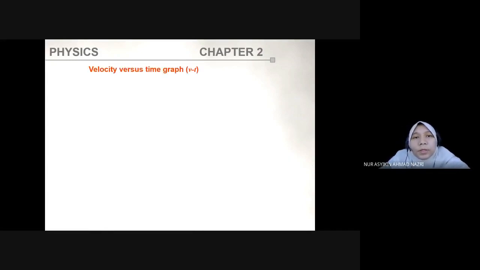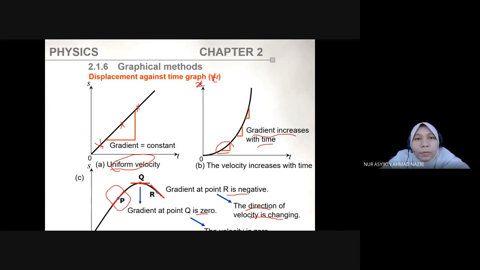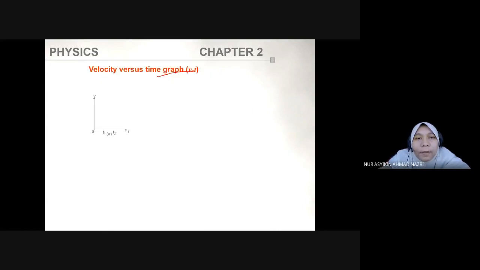Okay, P tadi increase lah. Okay, so velocity versus time adalah untuk, sekejap ya. Yang ni velocity, okay. Just now displacement versus velocity. This time velocity, time. Okay, so if we have straight line.